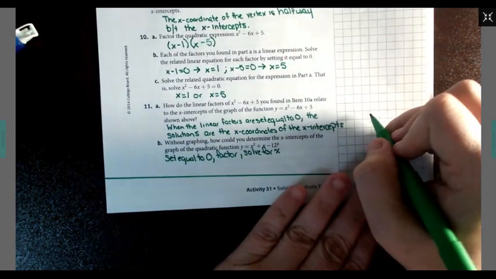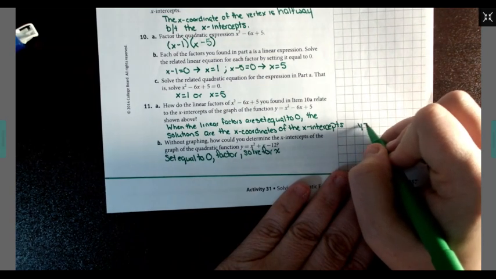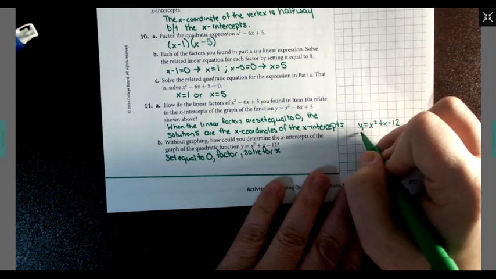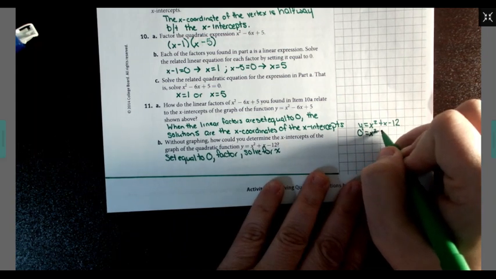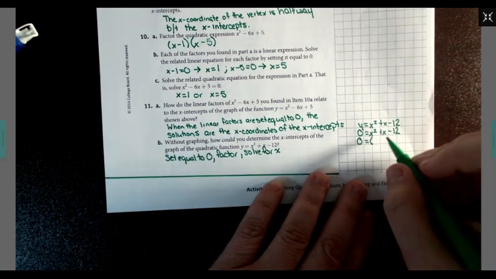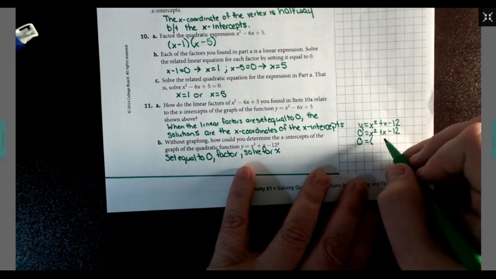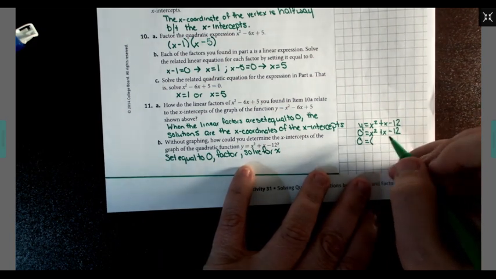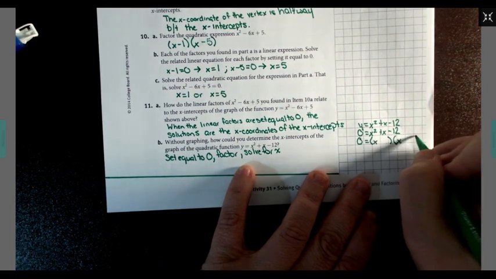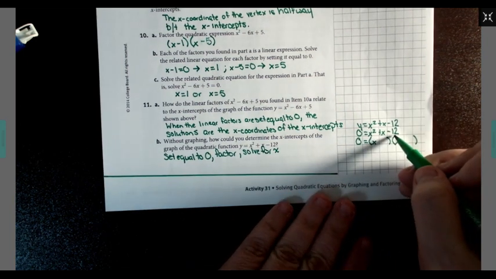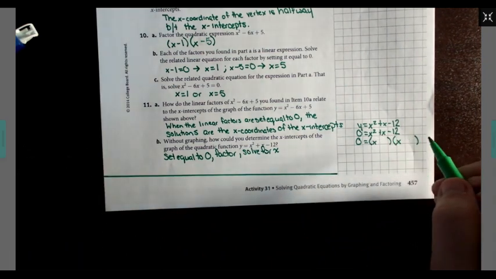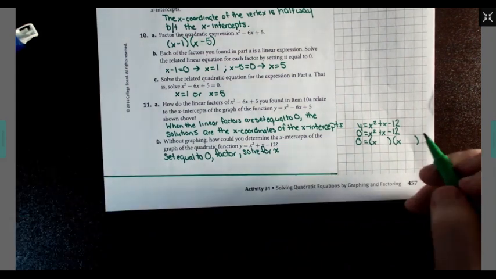Let's take a look at those steps here. We have y equals x squared plus x minus 12. So we're going to say 0 equals x squared plus x minus 12. All right, I want two numbers that multiply to give me 12, but when I subtract, because I'm looking for a negative, I want a positive 1.